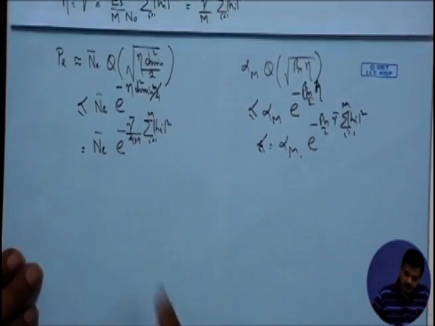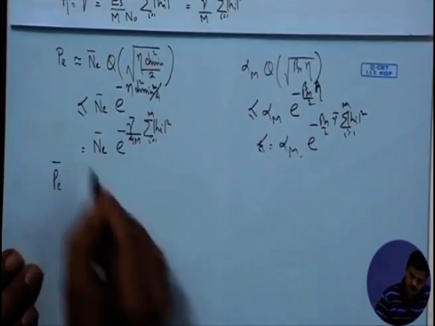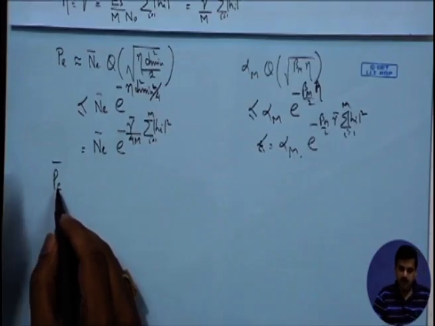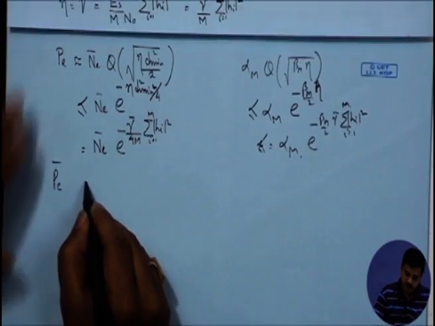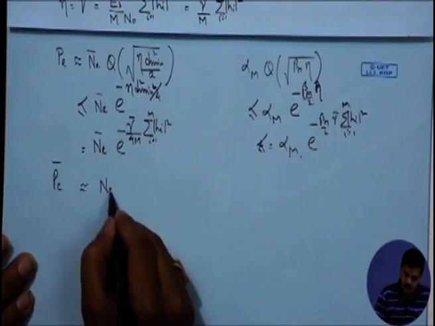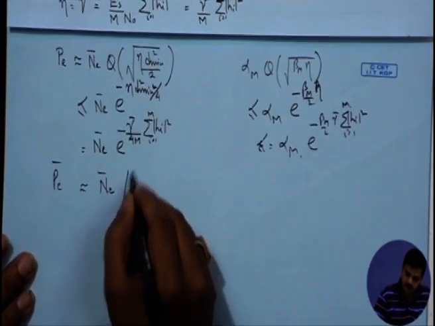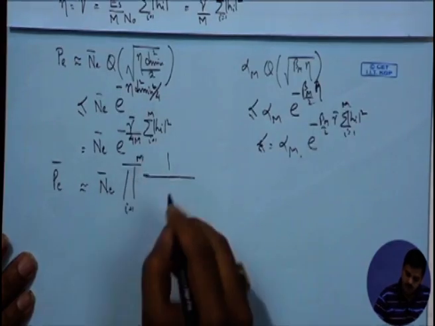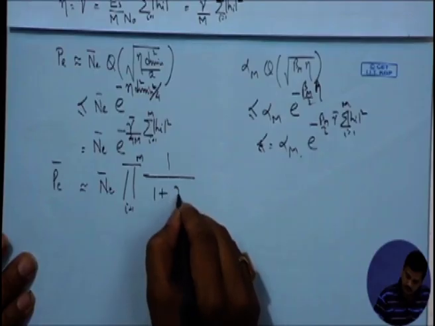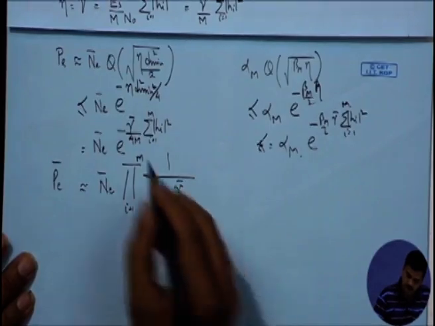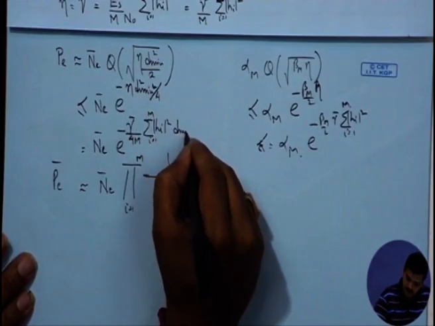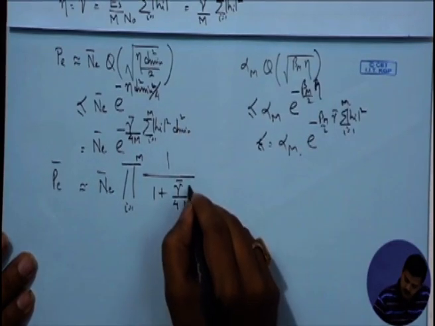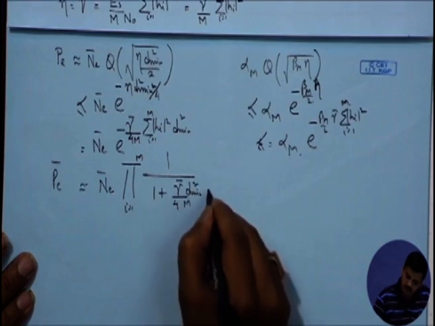And the next step would be to calculate Pe bar, that is the expected value of the probability of error. Using the technique which we have done before, this would turn out to be N_e bar times the product over i equals 1 to m of 1 by 1 plus gamma bar, sorry, here there is a d min squared, we had missed that, 4m d min squared.